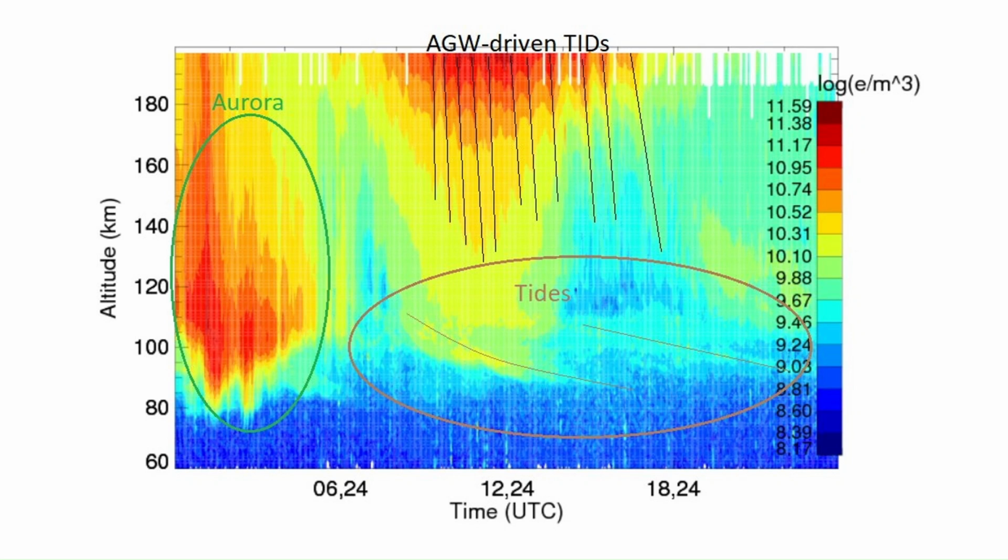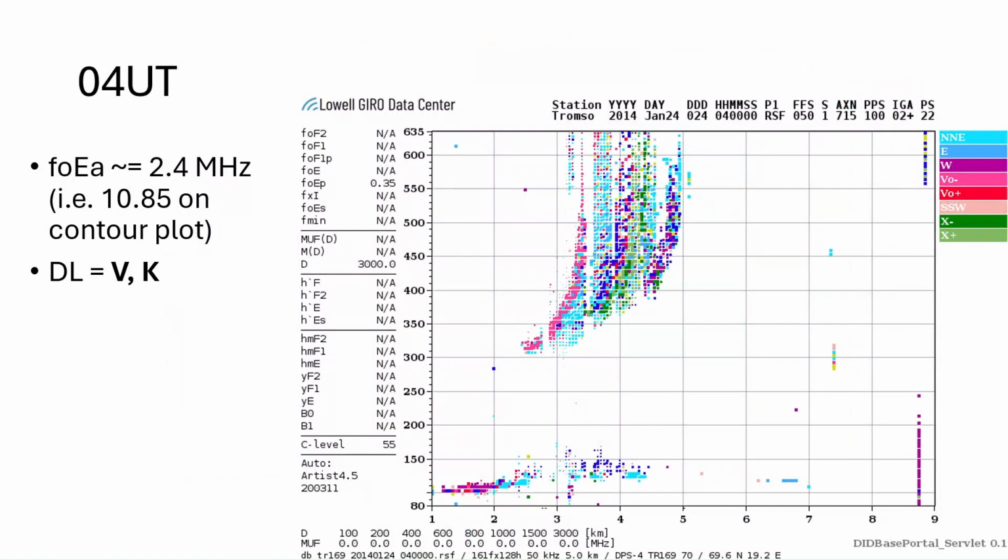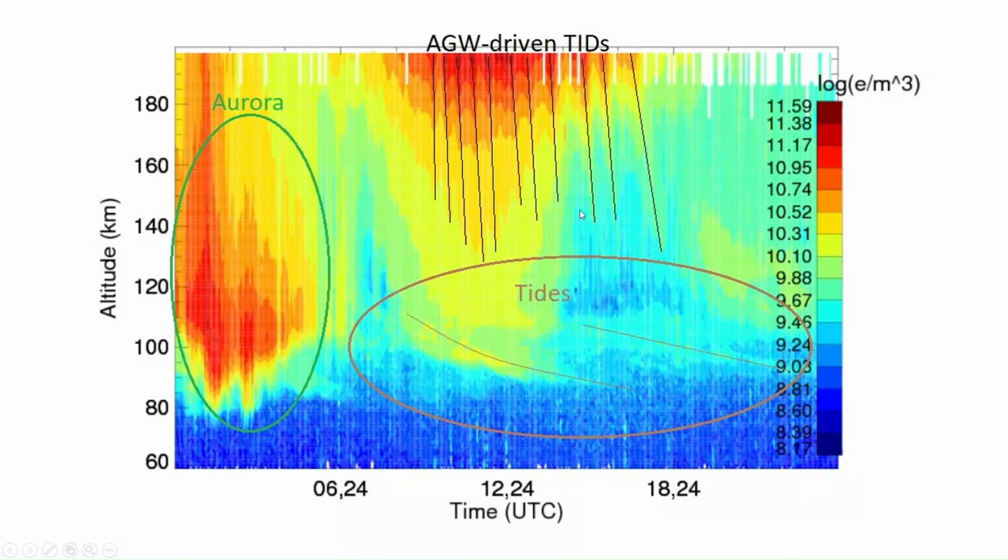So this is only going to give us information about effectively the region below foF1, or roughly the F1 layer, if there is one. And so we see reduced particle precipitation intensity, and we're now starting to see our F region. When we see our F region around 4 o'clock, unfortunately, we don't have anything visible worth looking at in that case.